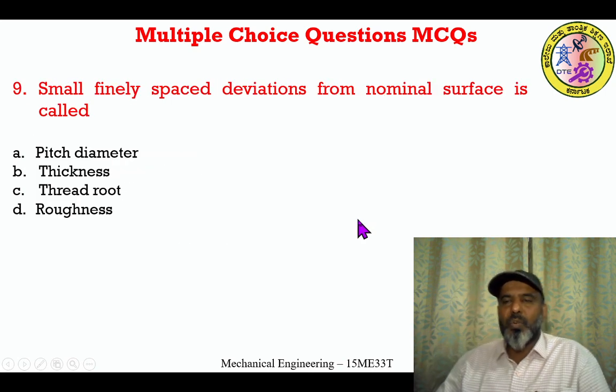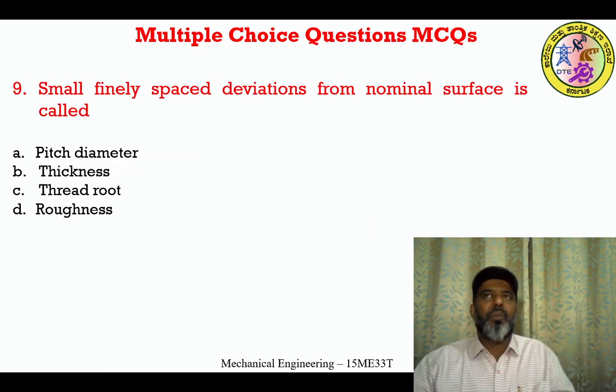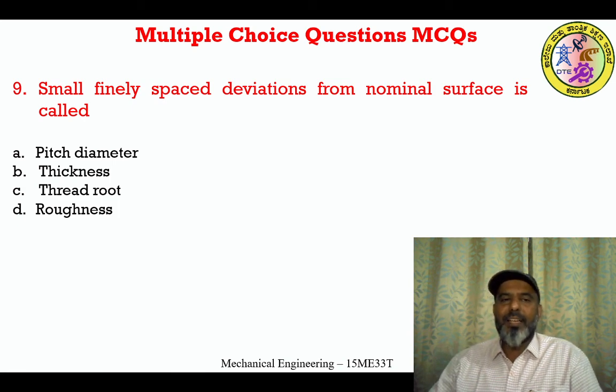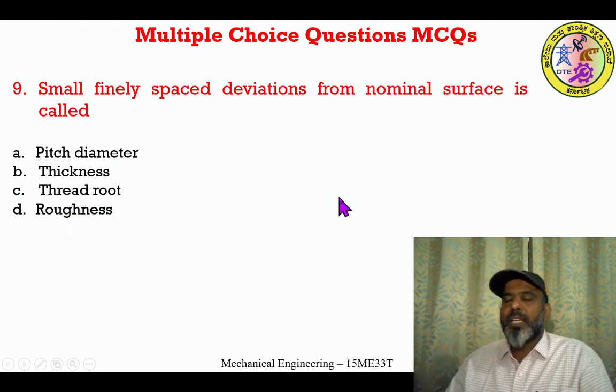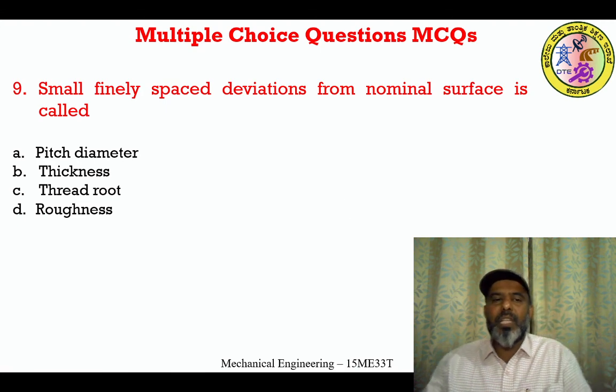And the last question to be remembered is that small, finely spaced deviations from the nominal surface are called: A, pitch diameter; B, thickness; C, thread root; and D, roughness. Yes, your time starts now. You should answer within 15 seconds.